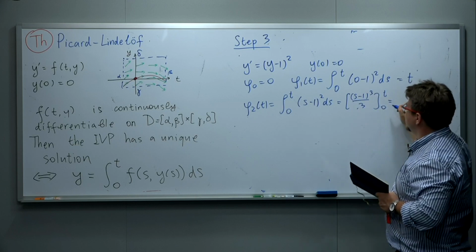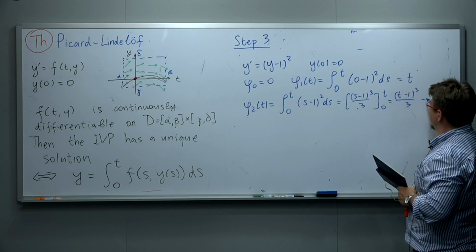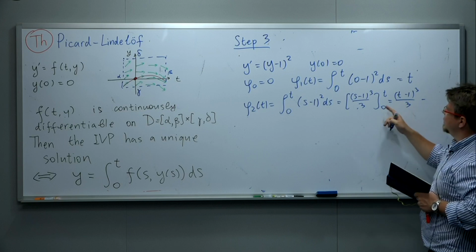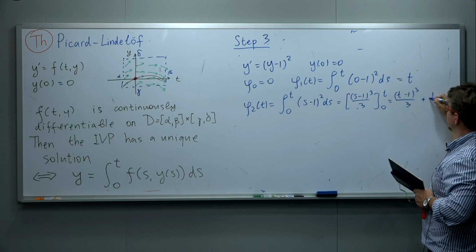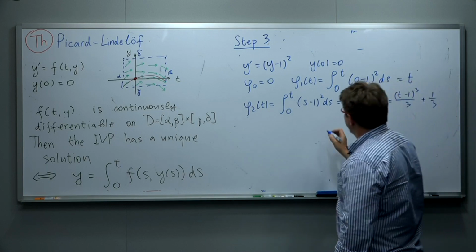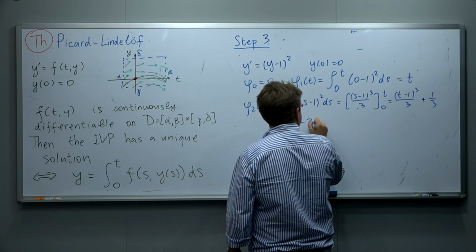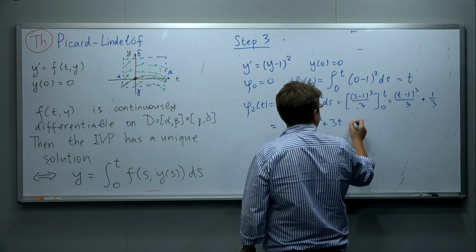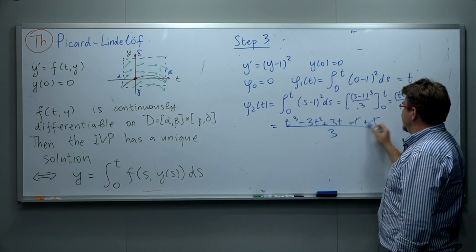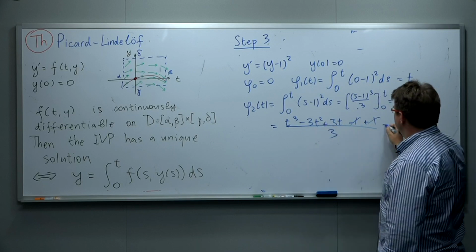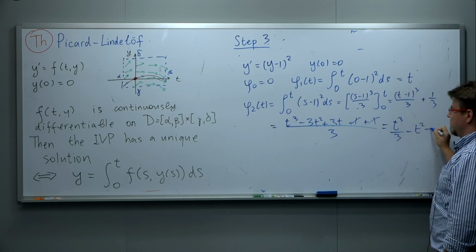From 0 to t, I get t minus 1 cubed over 3 minus, when s is 0, minus 1 cubed, so it's plus 1/3. And this is t cubed minus 3t squared plus 3t minus 1, plus 1, over 3. Now minus 1 plus 1 cancels out, and 3 over 3. So I'm going to get t cubed over 3 minus t squared plus t.